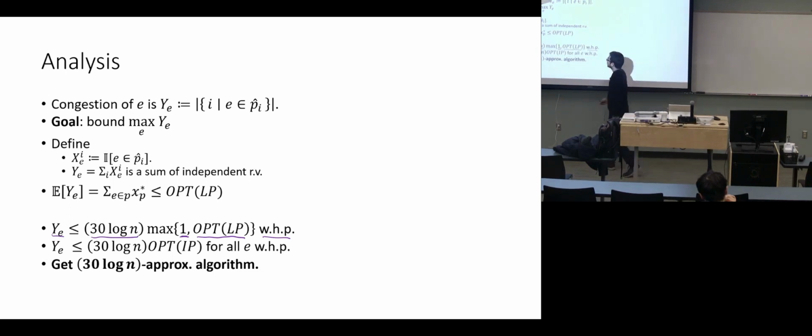But 1 is always a lower bound of the integral solution. Opt of LP is a lower bound of the integral solution too. So both of these are at most opt of IP. So for every edge, the congestion is at most a log n factor away from the optimal. So you get a log n approximation algorithm.